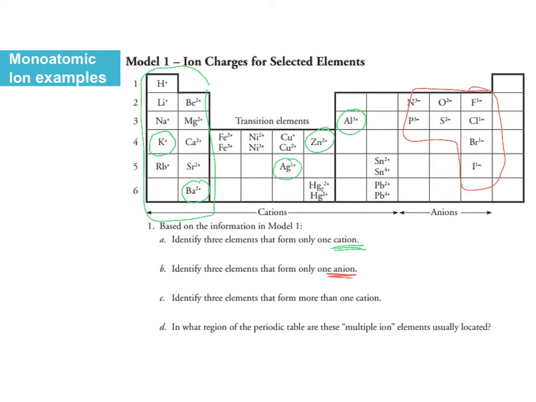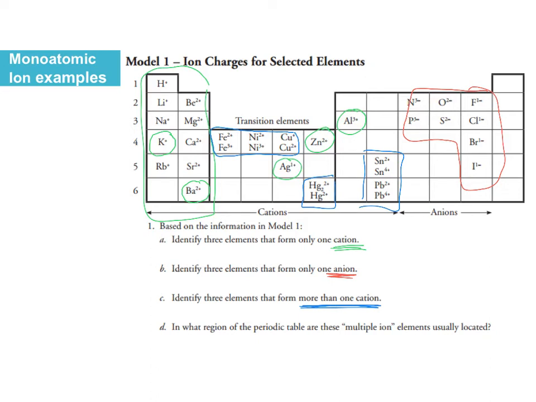The elements that form more than one cation, circle those in blue. If you haven't picked up on this yet, that's what these guys are. Some elements have options as far as what kind of ion they may form.